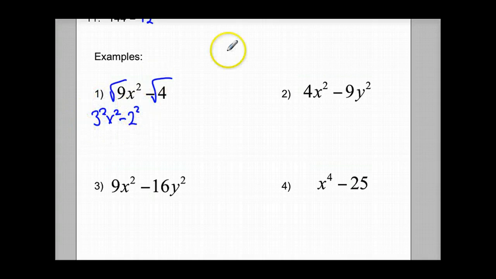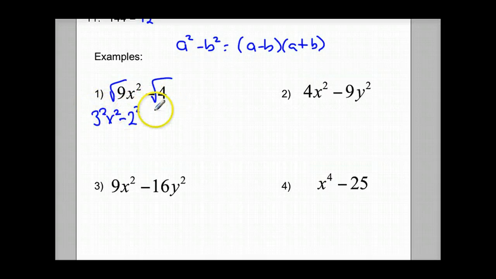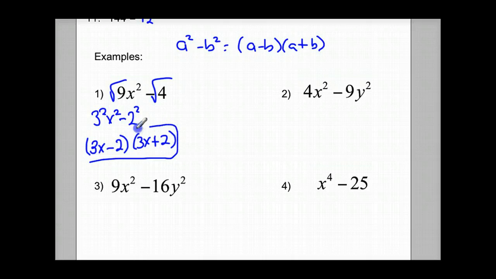Now that every term has a square, remember my formula says a squared minus b squared is equal to a minus b and a plus b. So I see a minus in the middle, everything has a square, so all I'm going to do is write these out. My a term is 3x minus my b term is 2, and then I know it's going to be a plus b. And this is my final answer.